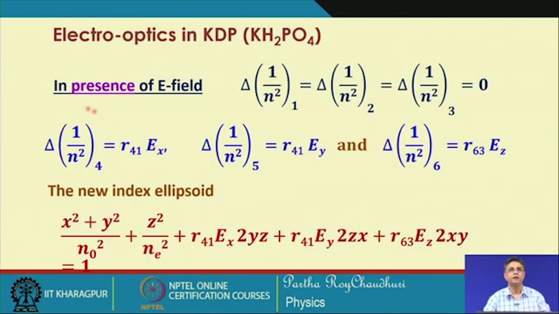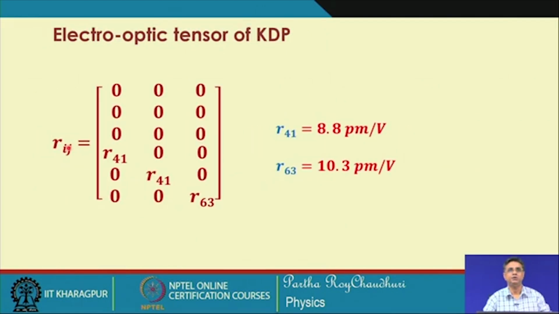Now, in presence of the field, these quantities will be equal to 0, because what we will do is, if we use that equation, we will multiply this with Ex, Ey and Ez, and Ex will be attached to this, Ey will be attached to this, and Ez will be attached to R63, and all other components being 0.